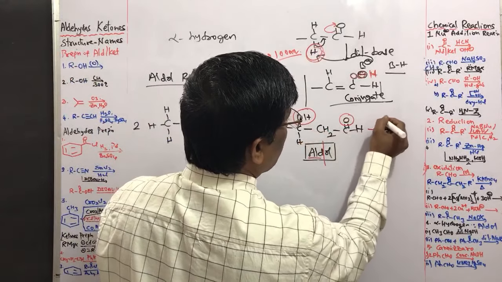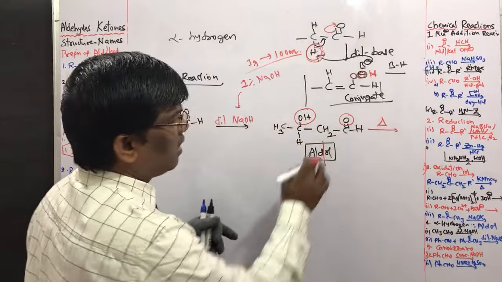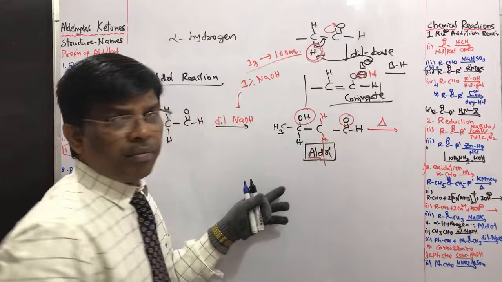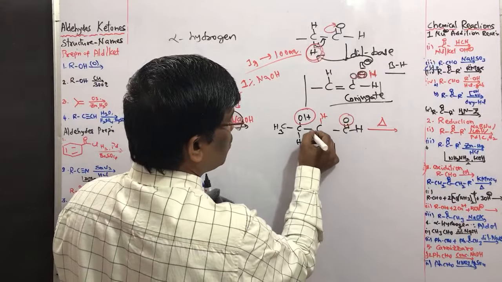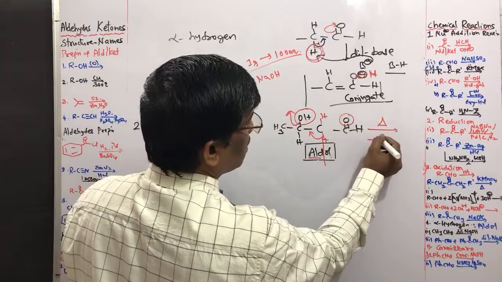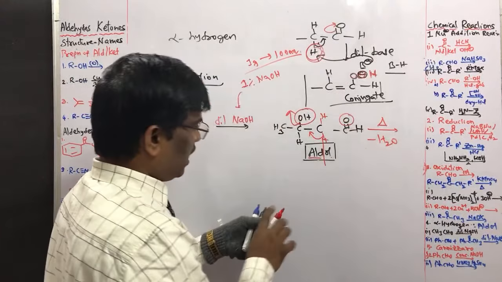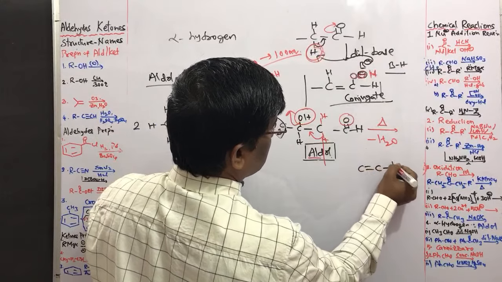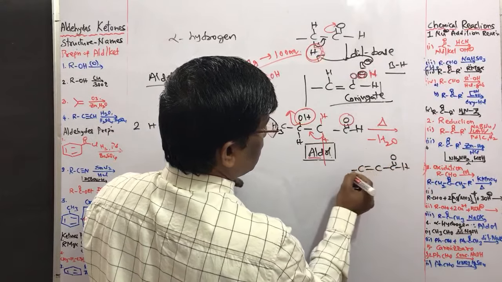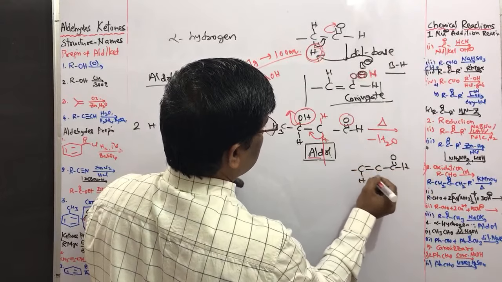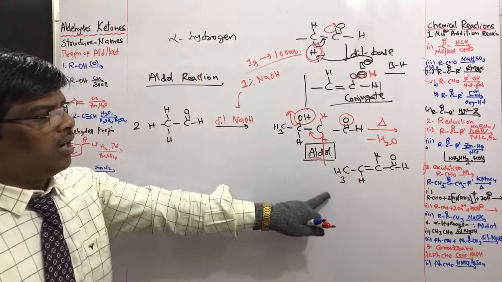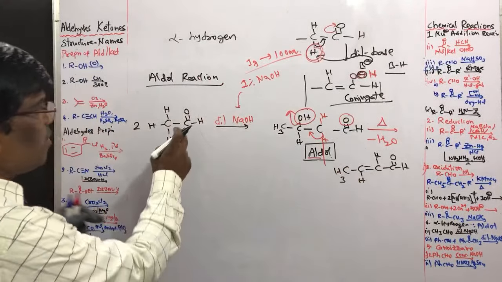This aldol, upon heating in the presence of acid or base, since the reaction is in basic condition, is going to lose water to give this double bond compound. So what is happening here?